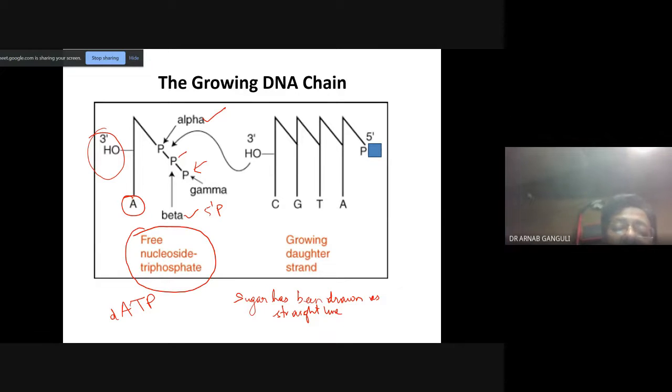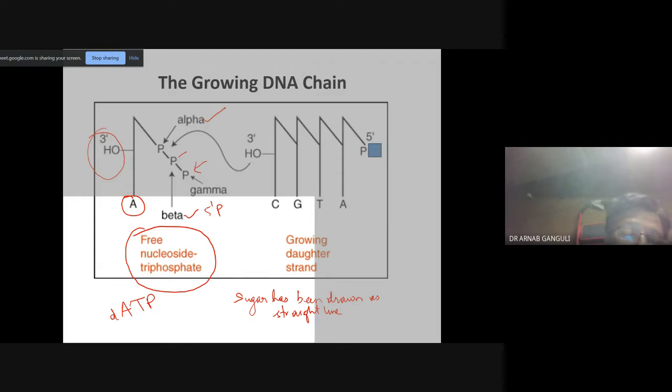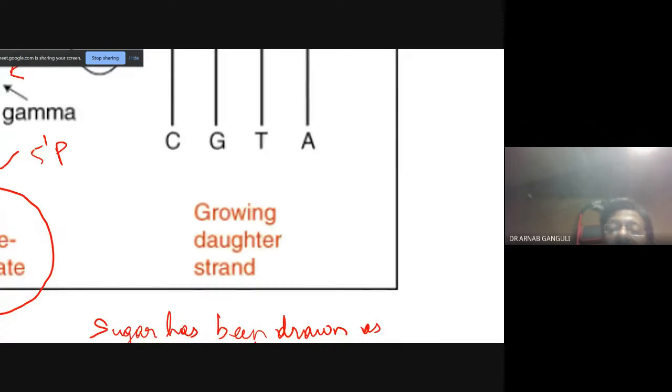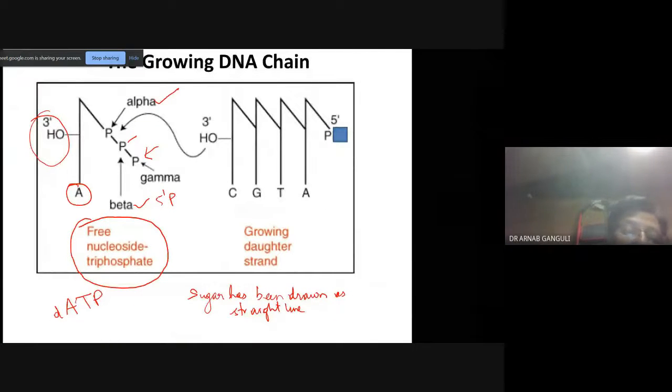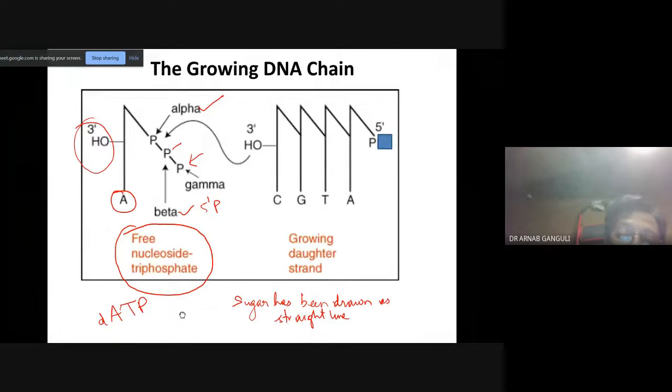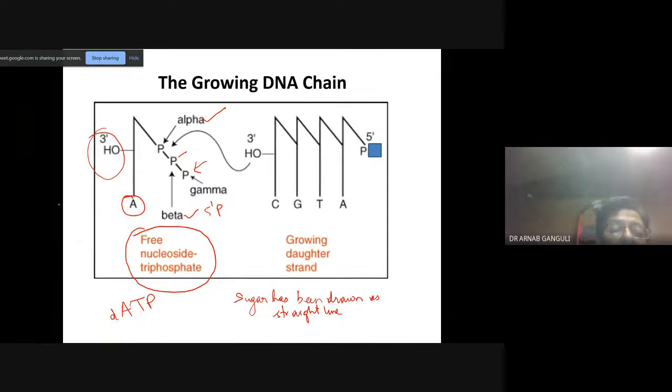So this is a nucleoside triphosphate, deoxyadenosine triphosphate, and this is a growing daughter strand.